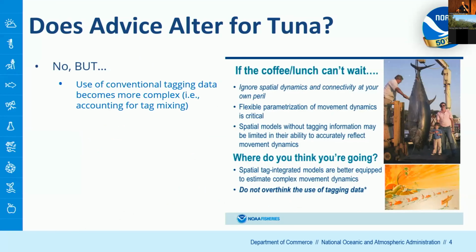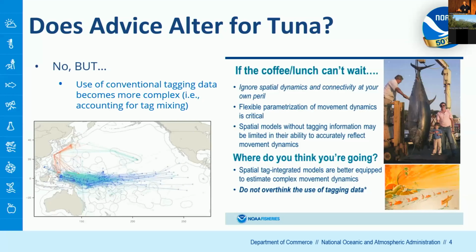I think generally speaking, it doesn't change the advice, but it does make things a lot more complex. It's the same issues, just a different scale of those issues. Again, this is a picture from one of Matt's assessments. I don't even know what species it is, I'm sorry.